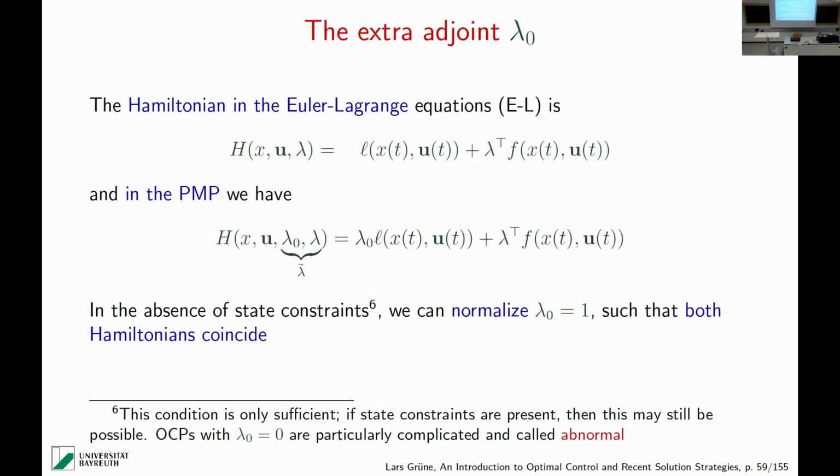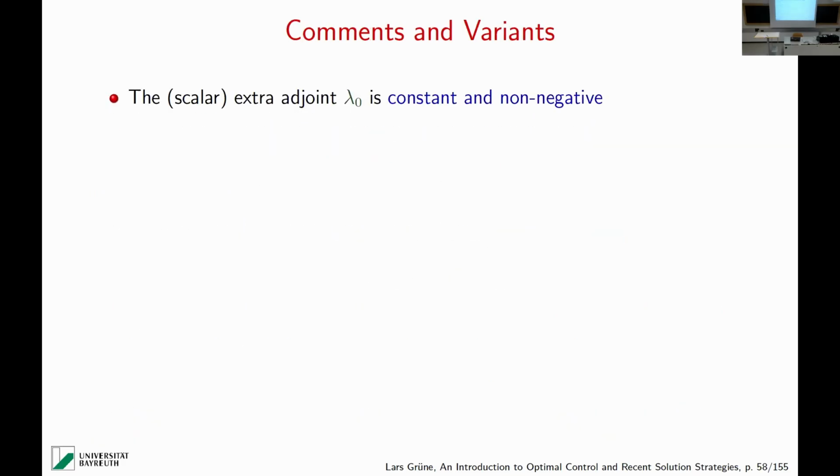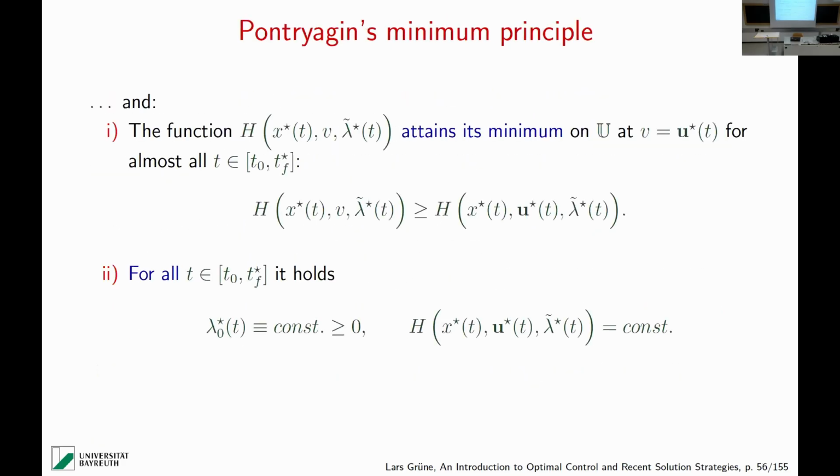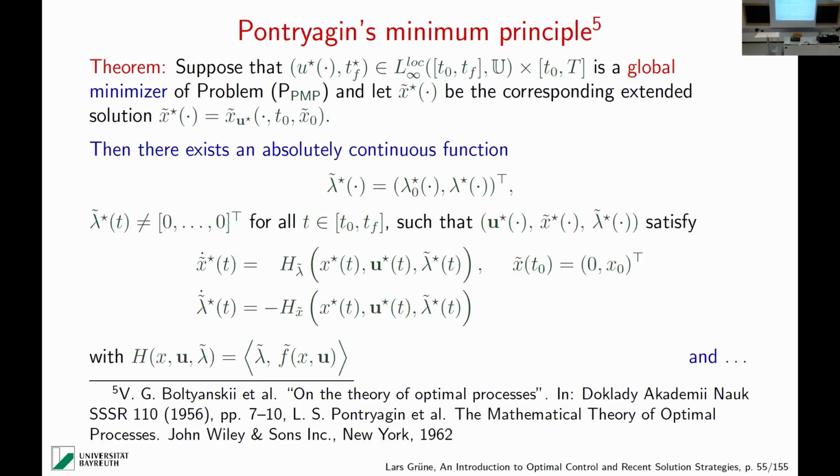Normally you also have a condition that the lambda 0 cannot be used. Yeah, that's what we already had here. I guess it was briefly, maybe too quick. This lambda tilde consists of both, and this cannot be identically 0.